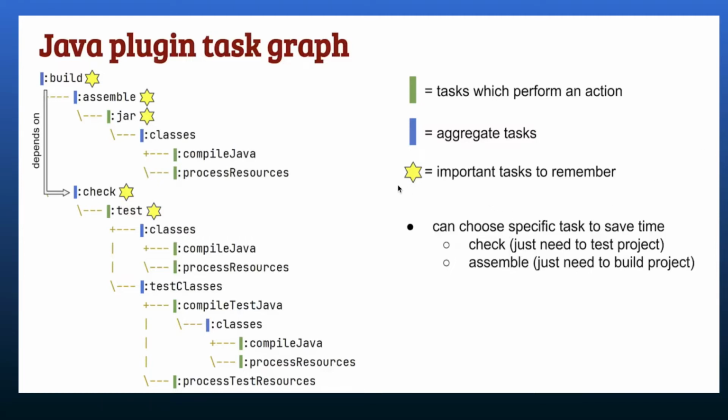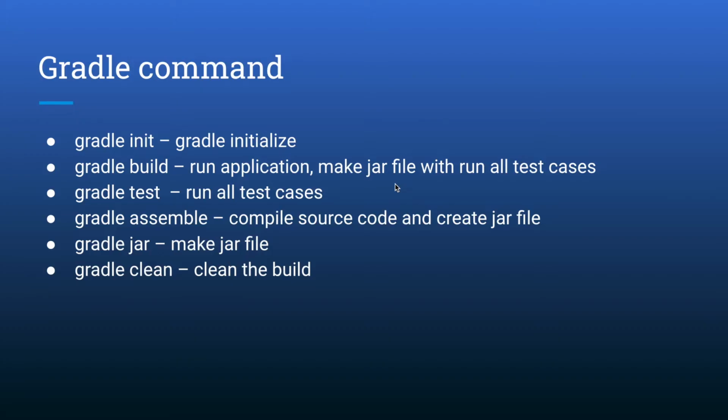Right, so Gradle commands. When you have an application in Java, you just need to initialize it with gradle init. Gradle init is just to initialize Gradle on your system. Make sure that Gradle is installed and the path variable is set, so you can use gradle init.